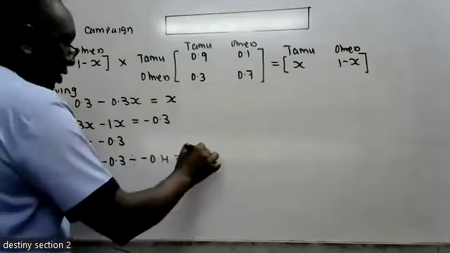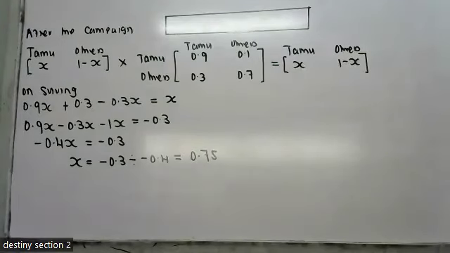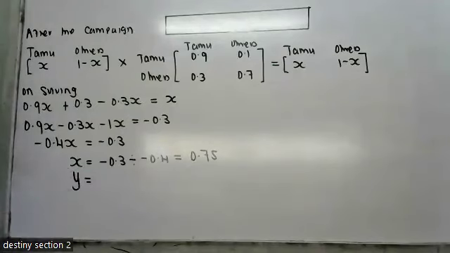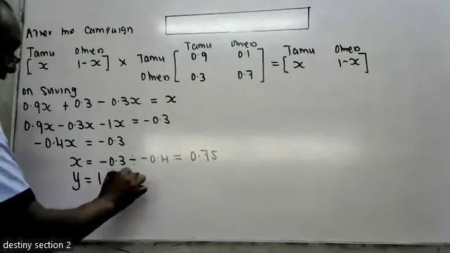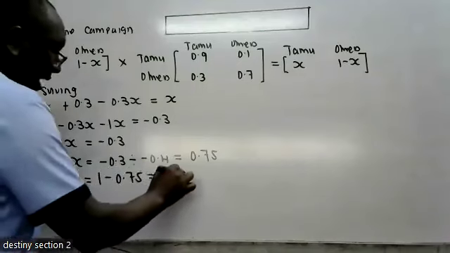I'm getting 0.75. So when I get 0.75, it means that my y will be 1 minus 0.75, and this will be 0.25.